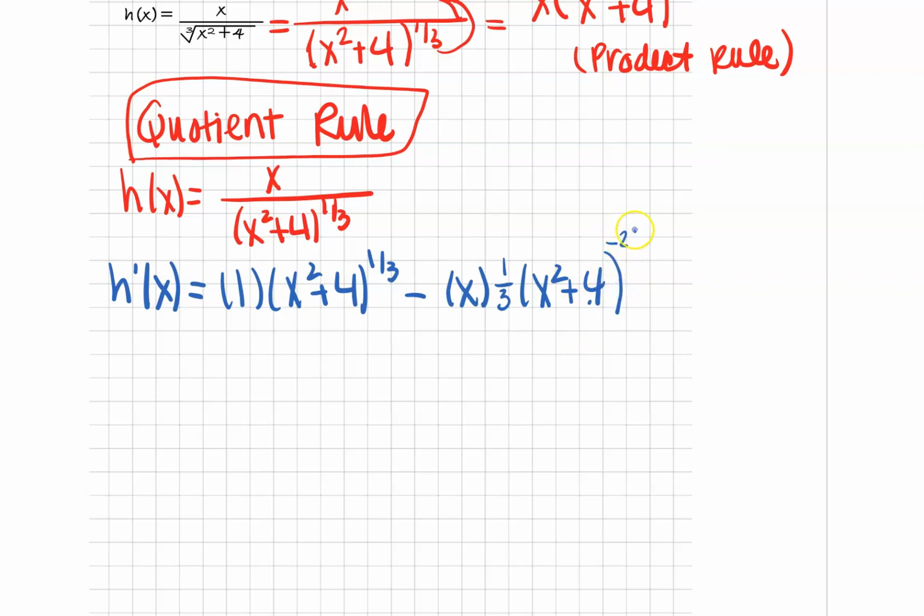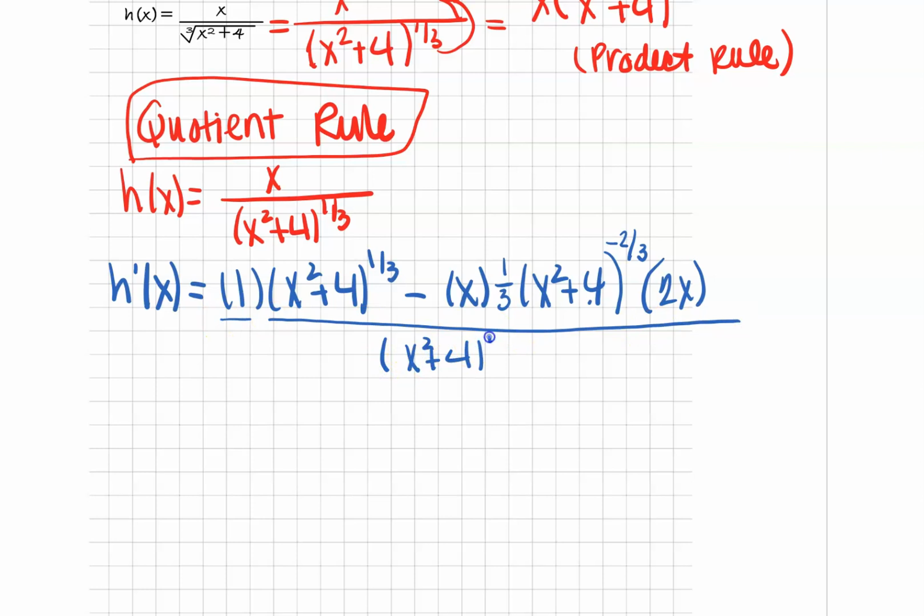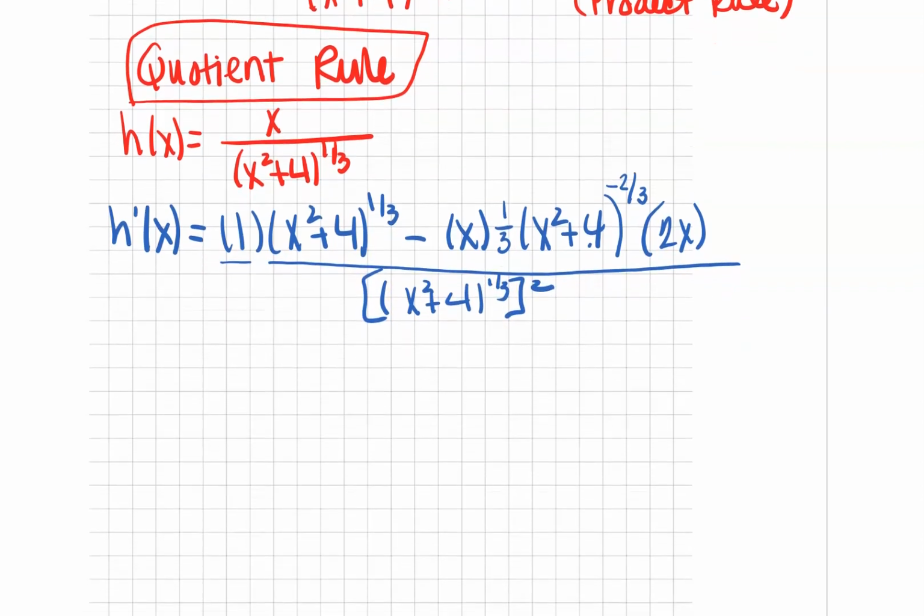So be careful, that's -2/3. It's those fractions and negatives that are going to really get you when moving your exponent down. Times the derivative of the inside, x squared plus 4, is 2x, all over the bottom, (x squared plus 4) to the 1/3, squared. And that is our raw derivative.